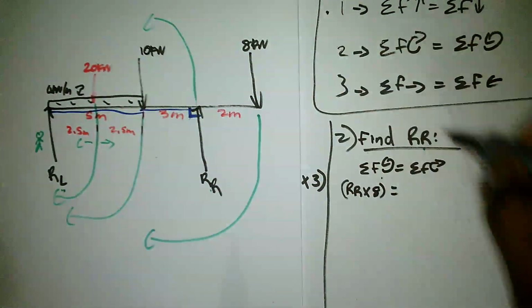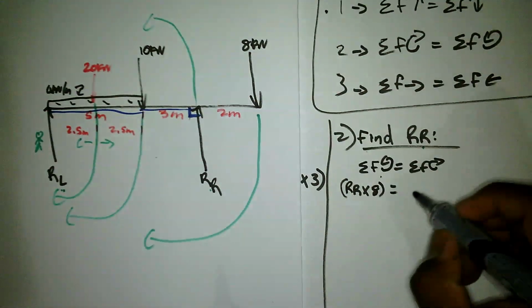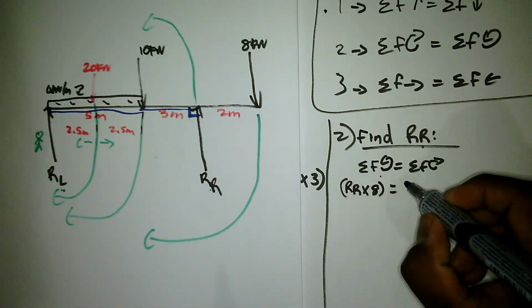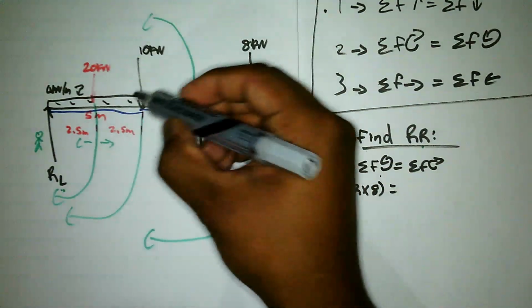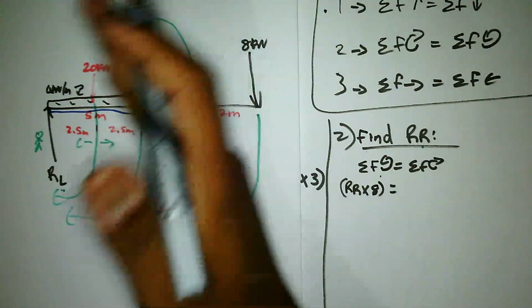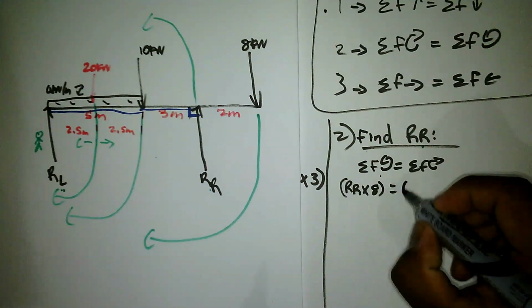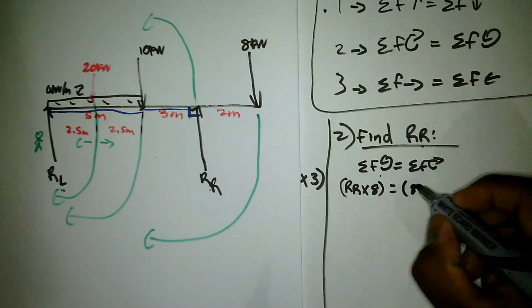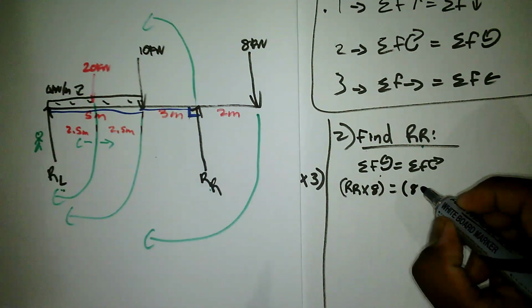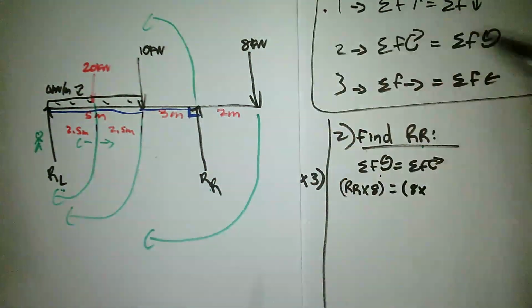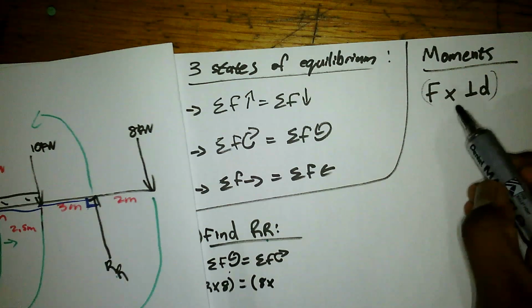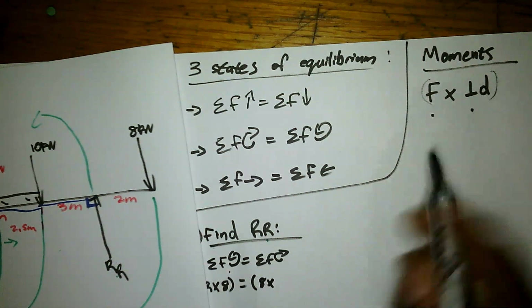Let's do this one. Let's begin at this point, just to shake things up a bit. It will all be the same whether we start here or there, but we must account for each of the forces in play. So now we have 8 kilonewtons. That's the force, because we know a moment is a force times a perpendicular distance.